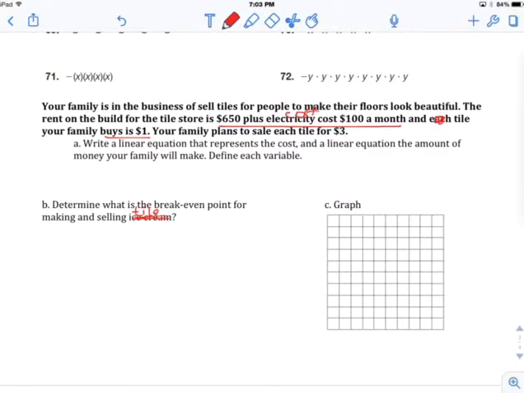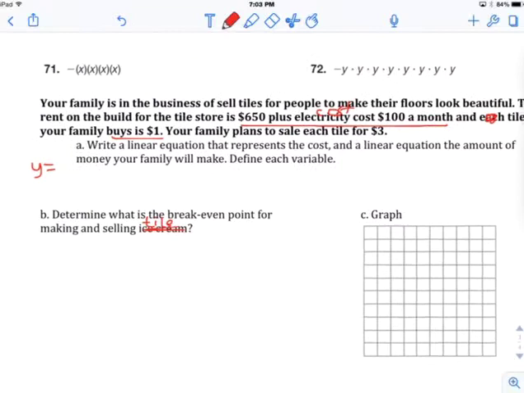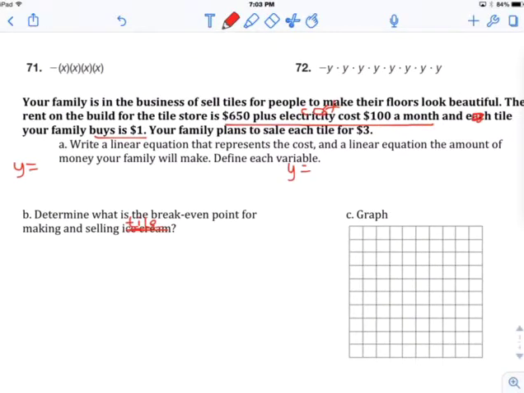So the cost formula is Y equals, and Y represents cost. Y equals 650 to rent the building plus the $100 a month, plus $1 per tile.